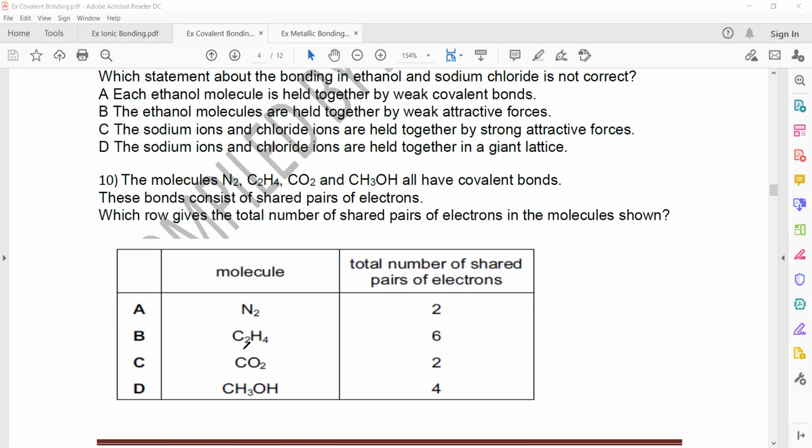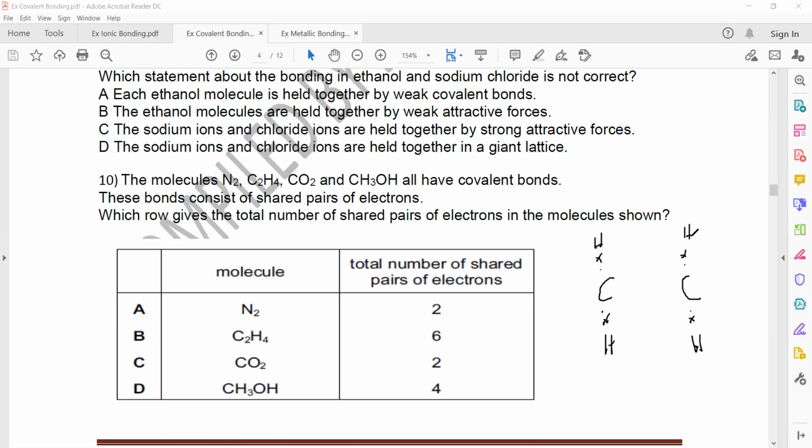The second one, if we draw C2H4. Carbon belongs to group 4, so it will share 4. And hydrogen belongs to group 1, so it will share 1. If hydrogen shares 1, carbon will share 1 from that side. So first we start with hydrogen.